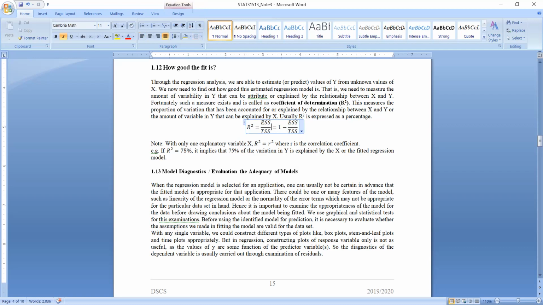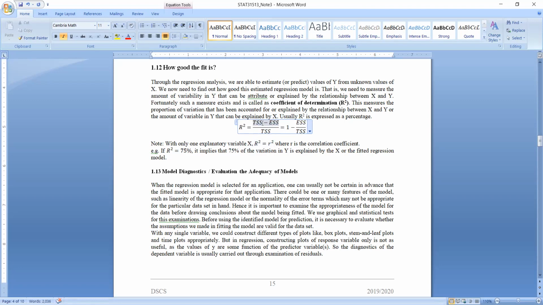So actually what we do here, if you take RSS, we can find RSS by taking the difference between the total sum of squares and error sum of squares. So I can write this same equation by replacing RSS as TSS minus ESS.